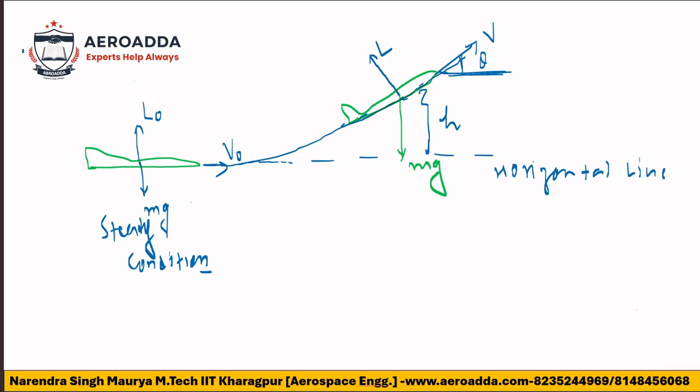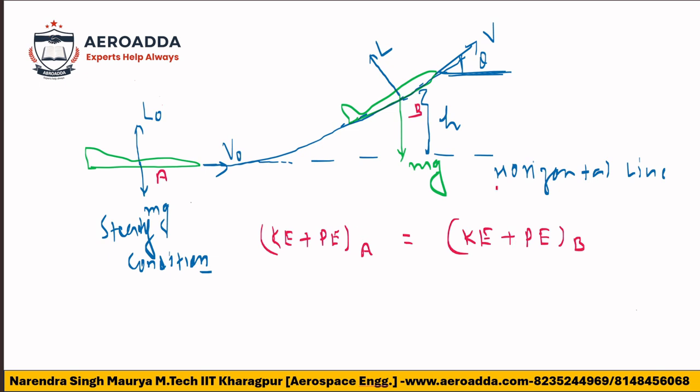So what will be the energy? You have two points, point A and point B. Just equate the energy. The sum of kinetic energy and potential energy for the aircraft remains the same, so the energy at point A equals the energy at point B.